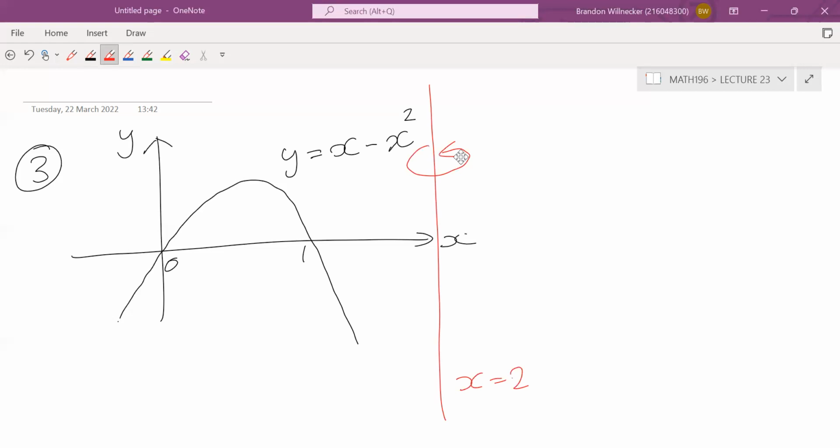Okay, so again, we need to find the radius, the height, and we know that the thickness is going to be dx. Okay, so if I just draw a little part of the cylinder there, so this is our thickness here. It's going to be like a big loop like this. Sorry, I can do that a bit better.